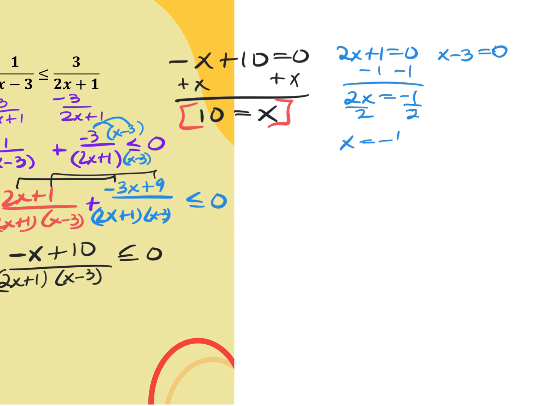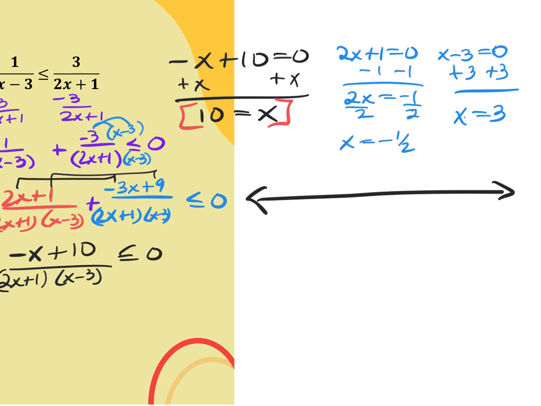X equals -1/2. Add the 3. X equals +3. So let me set up my number line. Put the numbers on the number line from least to greatest. So the -1/2 goes first, then the +3, then the +10.